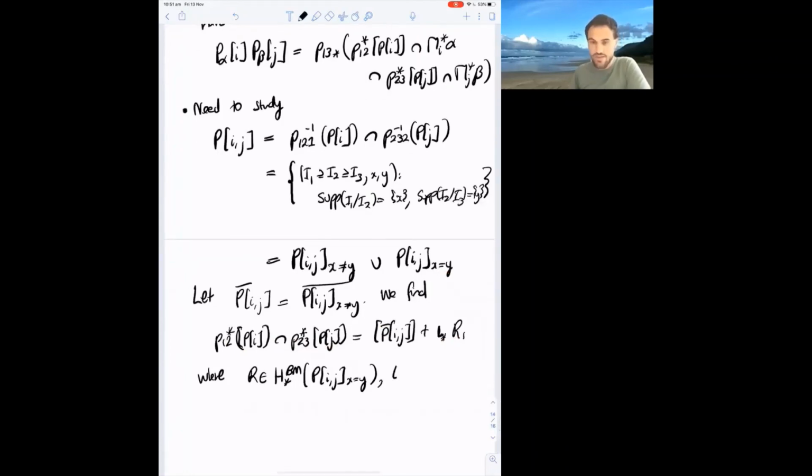So I is the inclusion of Pij, where X equals Y inside of Pij. So the moral is that, up to some sort of lower order term, this cap, which is part of what we're interested in, is basically the class of the closure of this Pij X not equal to Y.